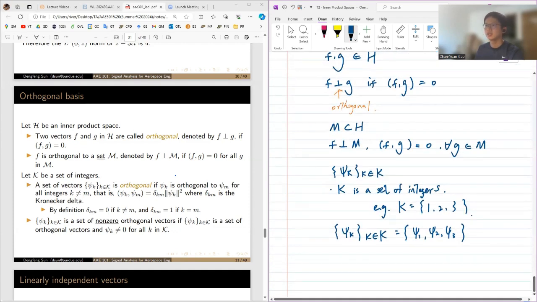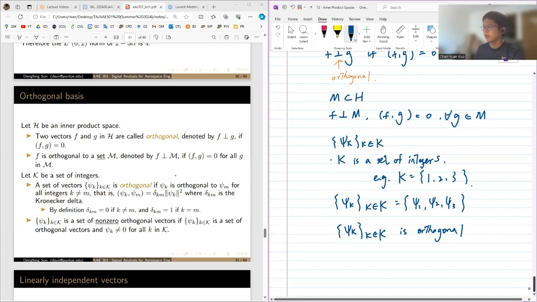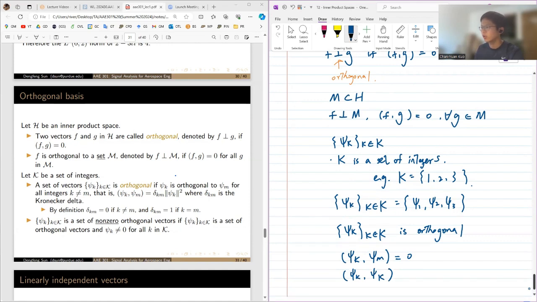Okay. So we say that this set of vectors is orthogonal if the inner product of any two different vectors is 0, and the inner product of a vector and itself will be just the squared norm of that vector.